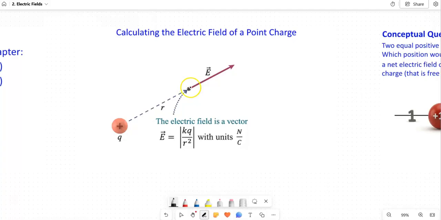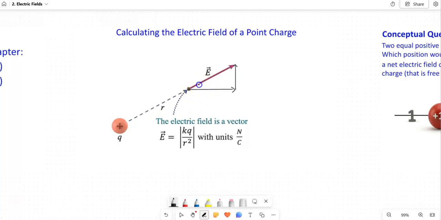This is a positive charge, the distance r away. We put an electric field sensor here. It's going to be pointing away from it. And how you calculate it will be kq divided by r squared. So this electric field will be pointed to the right, and it'll be pointed up.